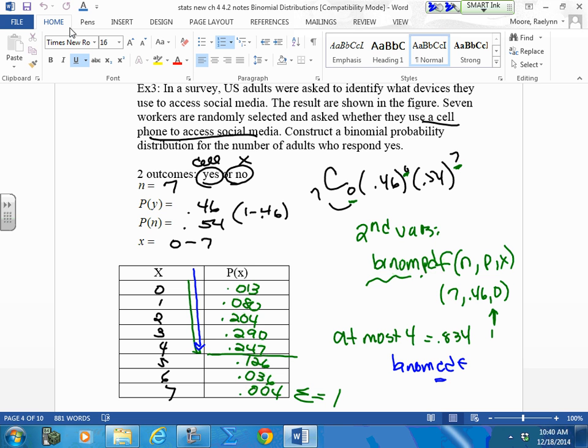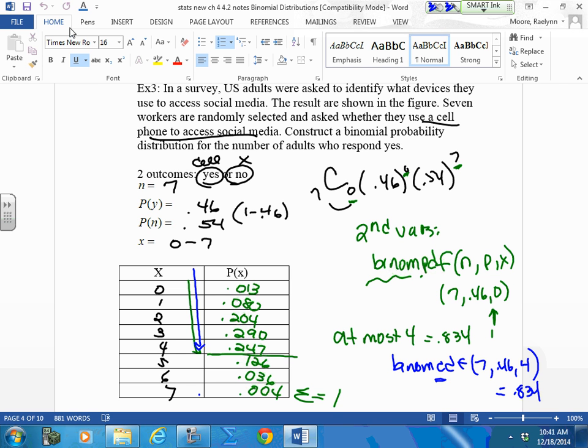It doesn't work the other way around. Like I can't go from 5 to 7. I can only start at the 0. Accumulate from the 0 to this. So if you run your cumulative with 0.46 up to the 4, it will equal 0.834. It starts at the smallest and goes to the one you want.